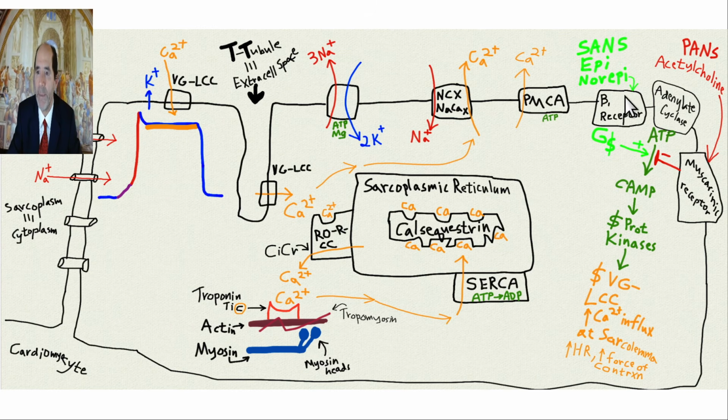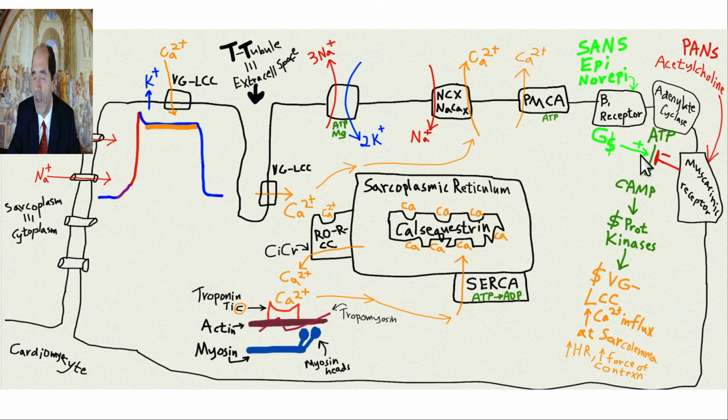And the catecholamines, hormones of the sympathetic autonomic nervous system, are epinephrine and norepinephrine. They'll bind to the beta-1 receptor. You can also call it the beta-1 adrenergic receptor. And they will activate a stimulatory G protein. So I put G for S with a line through it to mean stimulatory.